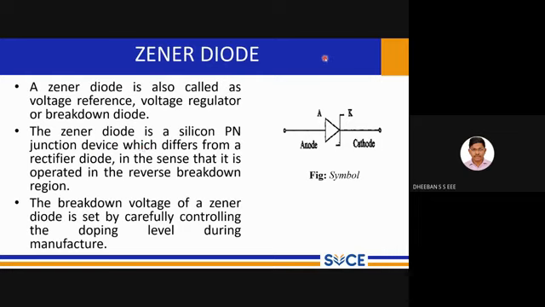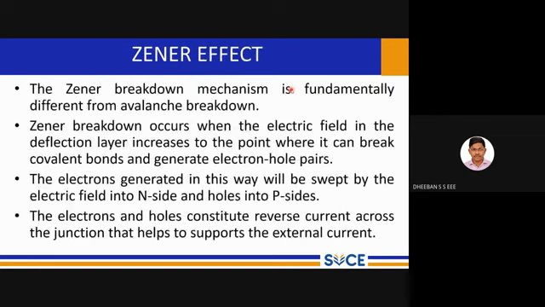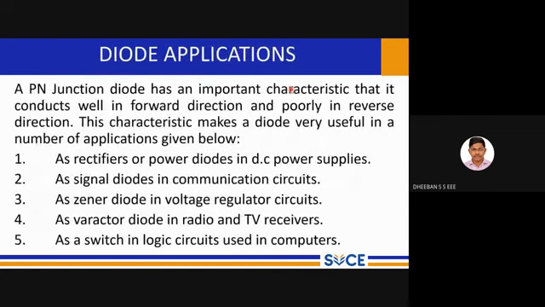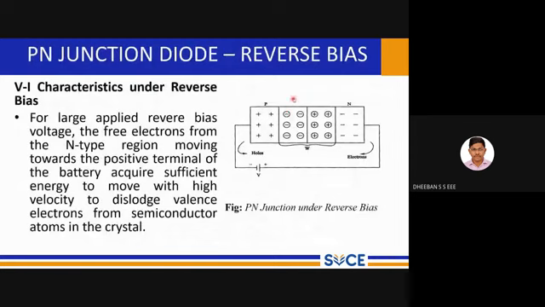For this Zener diode, PN junction diode, you can visualize a normal pipe, and within that pipe you are connecting a tap. This tap will give out water, and there will be water flow only if you move the top handle of the tap.